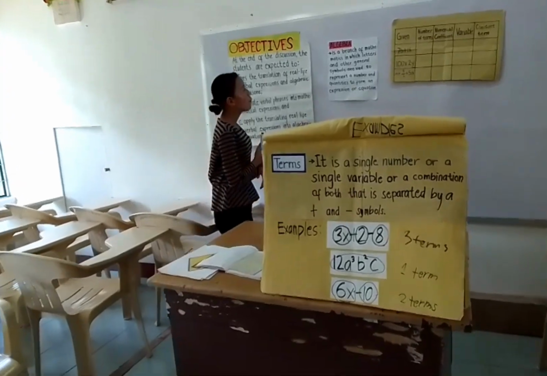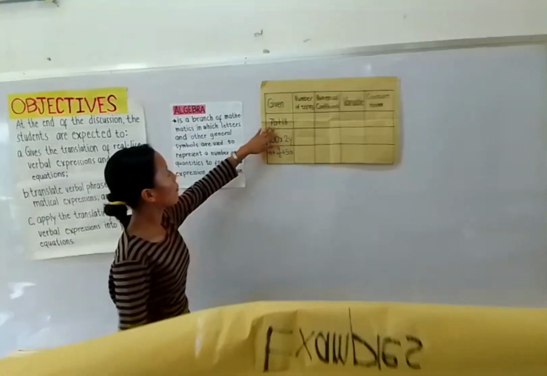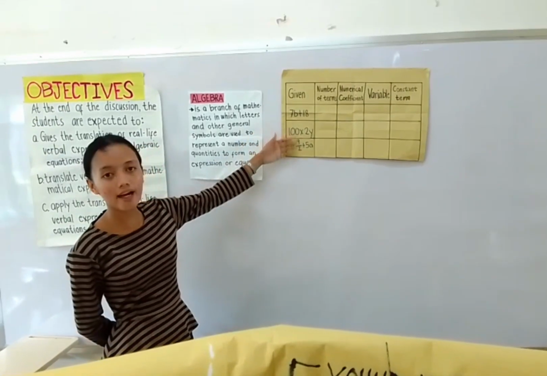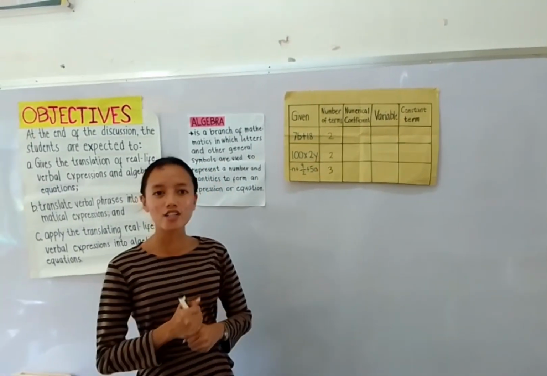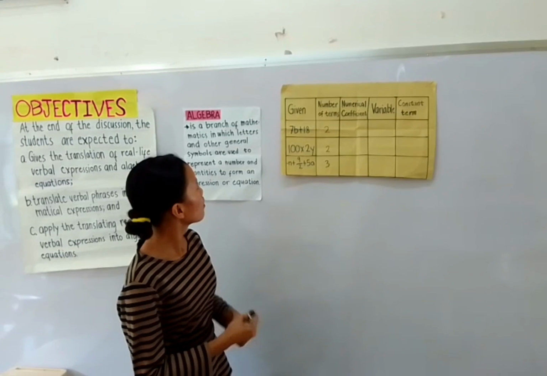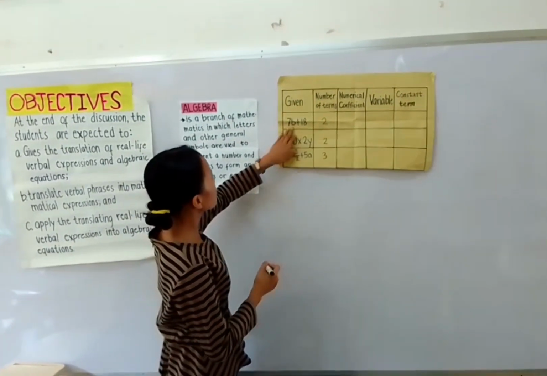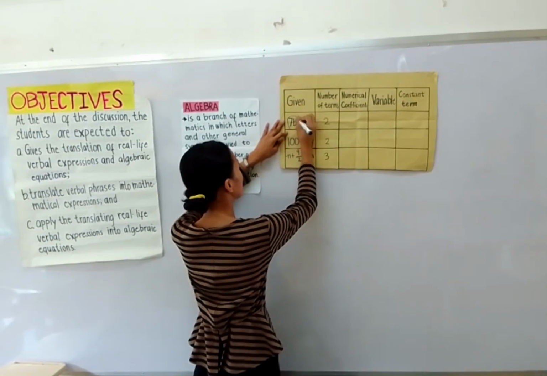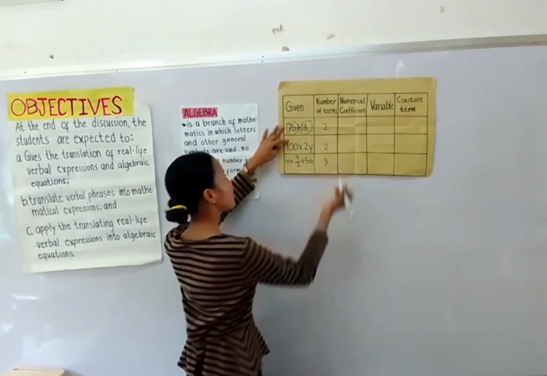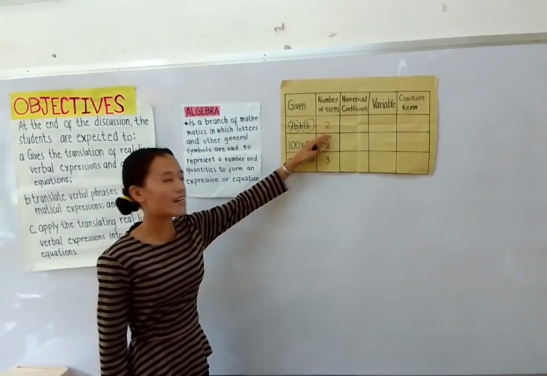Who can answer number 1, number 2, and number 3? And see if your answer is correct. Number 1, 7b plus 18. So we have 7b and 18. So your answer is correct.